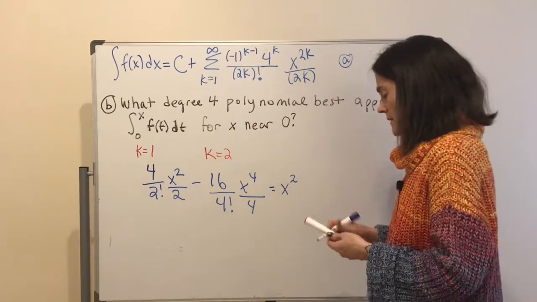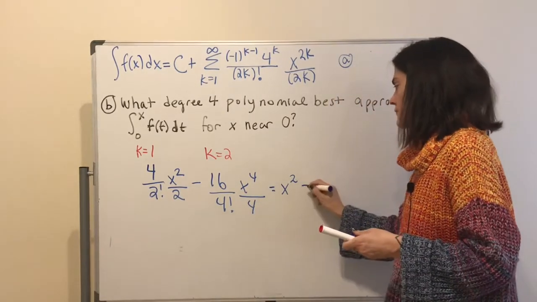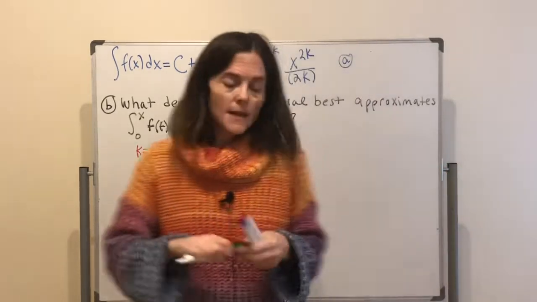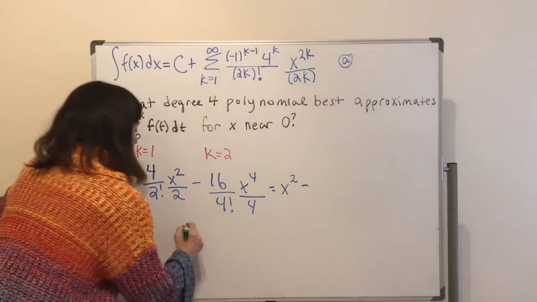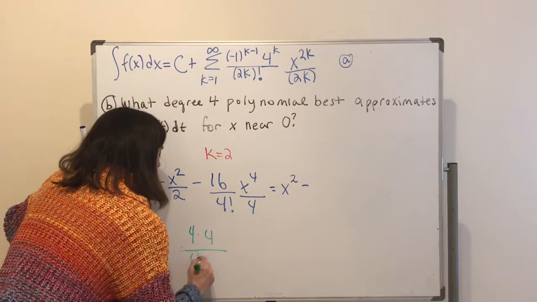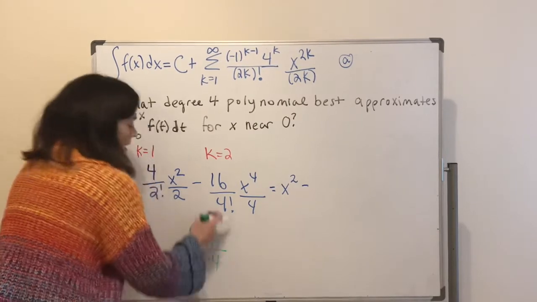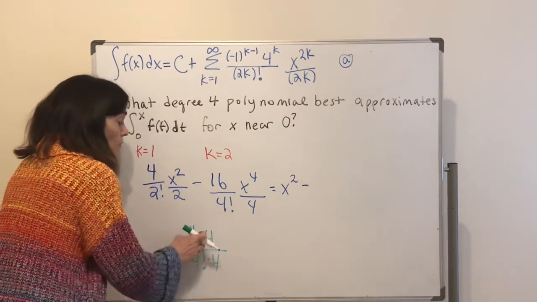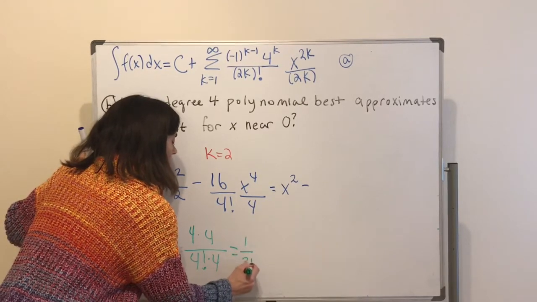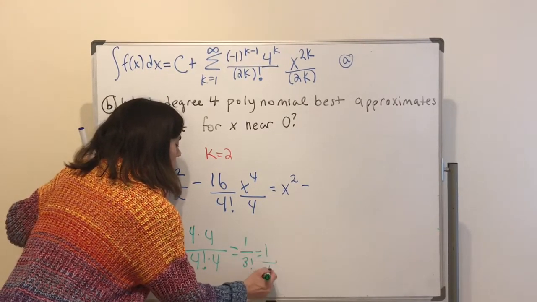Now, if we make a little side box for the coefficient in front of x to the 4th, we see we could write it this way. 4 times 4 over 4 factorial times 4. These 4's will cancel. 4 over 4 factorial is 1 over 3 factorial, which is 1 over 6.